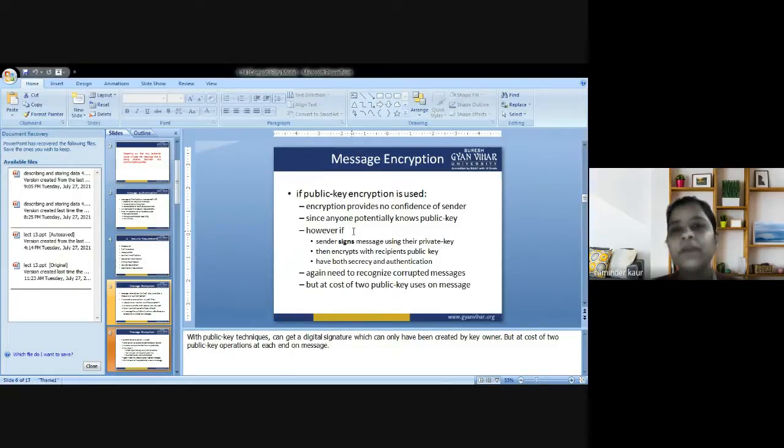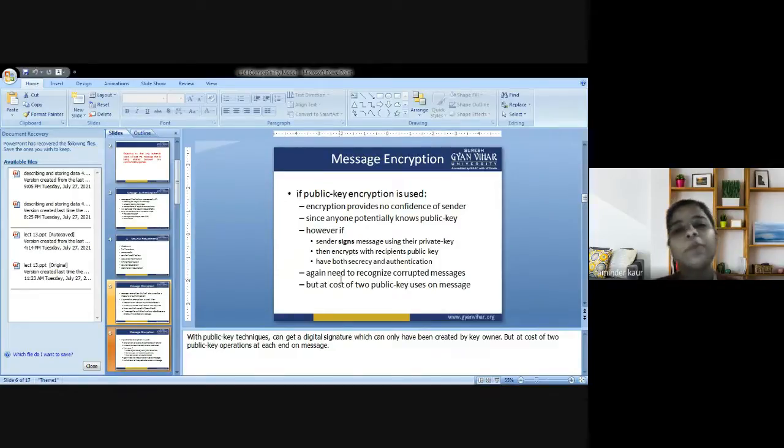However, if there are certain conditions associated with it, like the sender signs the message using their private key, and in addition encrypts with the recipient's public key, then they have both secrecy and authentication. So these are the three key points that we are supposed to remember when dealing with public key encryption.